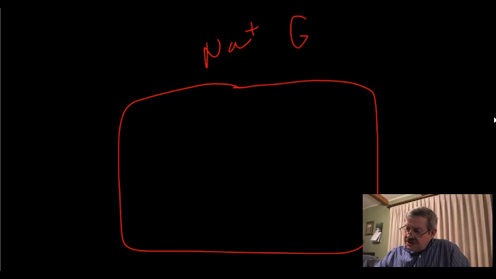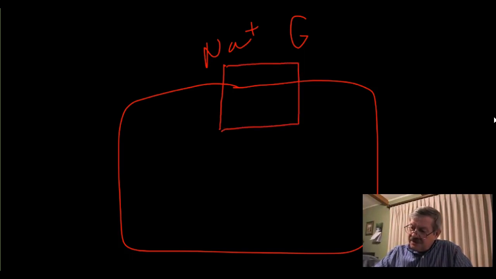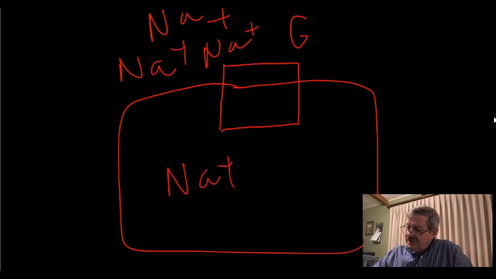Okay? So we have a protein right here that can move these two together. So we have an abundance of sodium out here, we have less sodium in here. We have an abundance of glucose in the cell already.